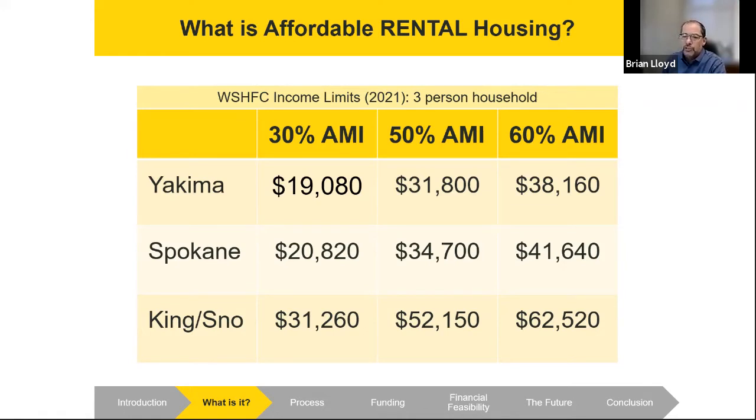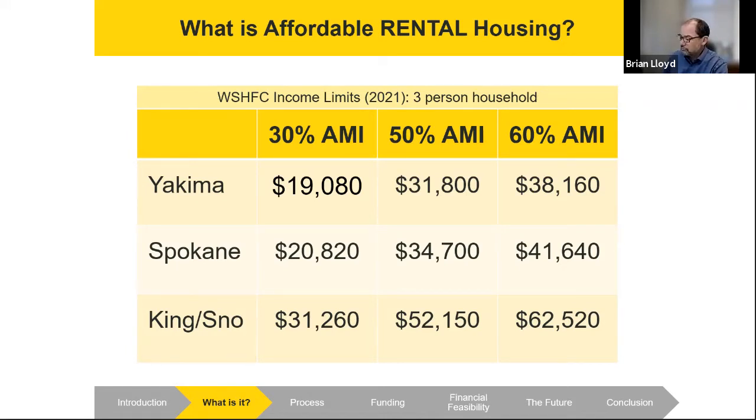The numbers are different for each household size. So a 1-person household is lower and 4 or 5-person households have higher income limits. So you can see Yakima is a lower income county than Spokane and King. And you can see how the difference between 30, 50, and 60% lays out.